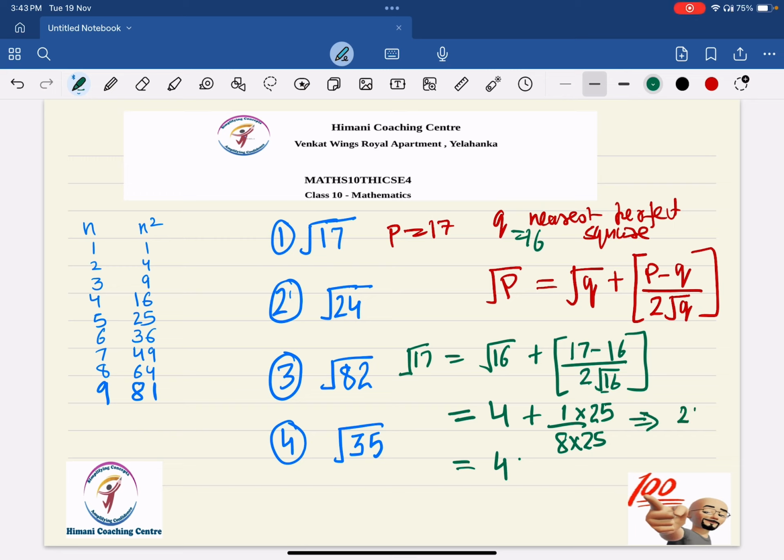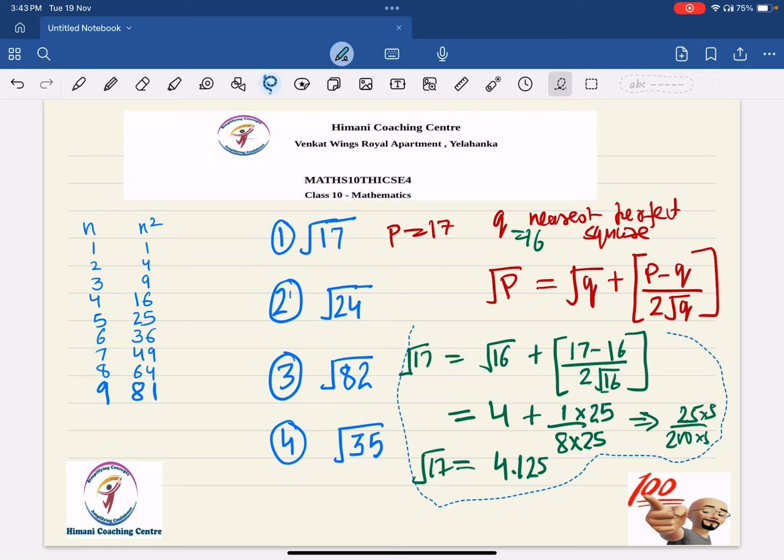You will get 25 over 200, multiplied again with 5. So you get 125 by 1000 and that is why I'm saying 0.125. Again, another Vedic mathematics trick which I will do in some other class. So this is how we solve. So the answer for root 17 is 4.125. Okay, let us do one more.